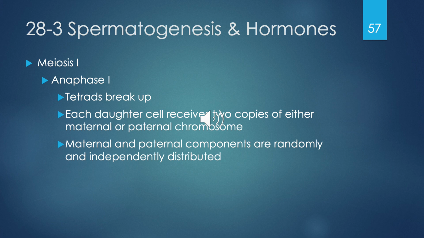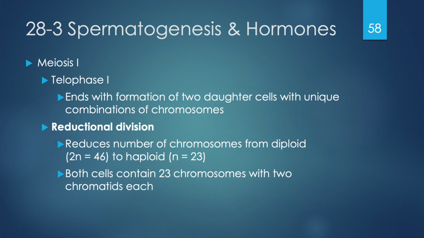Then the maternal and paternal components will be randomly assorted and independently distributed. This results in telophase 1, which ends when two daughter cells are formed, and each of these daughter cells has a unique combination of chromosomes.